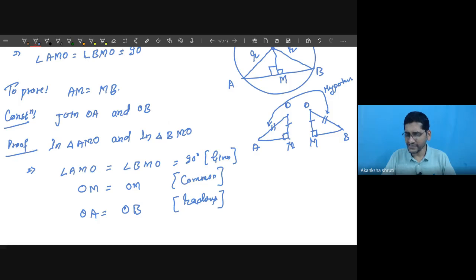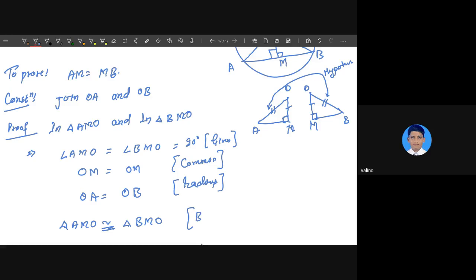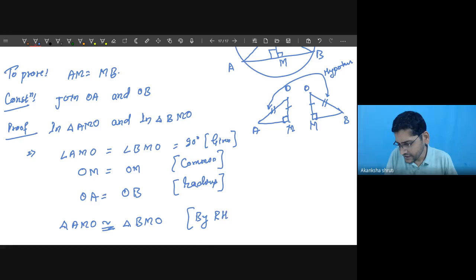So which criterion is satisfied in a right angle triangle? RHS. Yes, it is called RHS: right angle, hypotenuse, and one side. So by RHS congruency, triangle AMO will be congruent to triangle BMO.